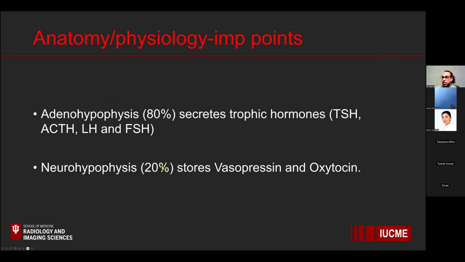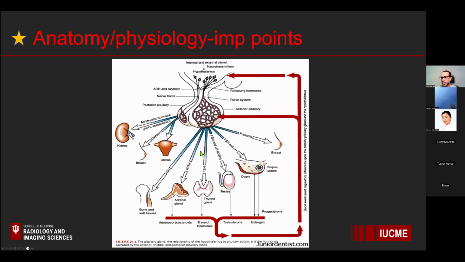The adenohypophysis, as I've shown, is the larger of the two glands, and it secretes the trophic hormones TSH, ACTH, LH, and FSH. The smaller portion of the gland is the neurohypophysis, which stores vasopressin and oxytocin. And this is just a diagrammatic explanation of all the different hormonal changes that result from all those hormones.